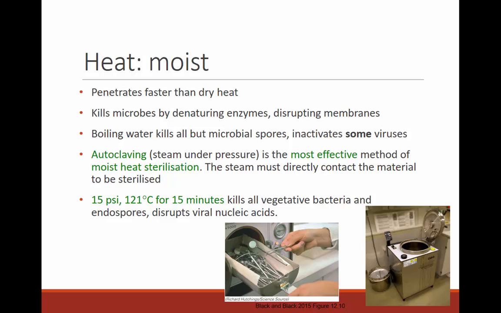And typically you use 15 psi, which is pounds per square inch, and 121 degrees C for 15 minutes. That's the normal. Sometimes that can be varied if some, say, media is sensitive to that temperature for that time, but it will kill vegetative bacteria, endospores, and disrupt that viral DNA or that viral genetic code. So it's quite an effective way of sterilising.